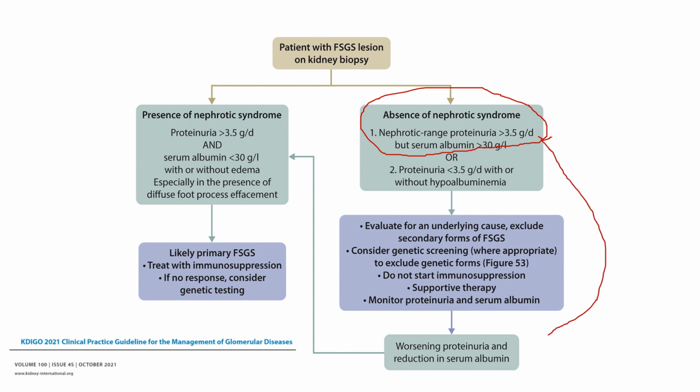It may later have more proteinuria and less serum albumin, that you will consider it as a primary nephrotic syndrome. So you have to follow up the proteinuria and serum albumin even if you considered it as a secondary or as a genetic form, because the proteinuria may increase and serum albumin may decrease.